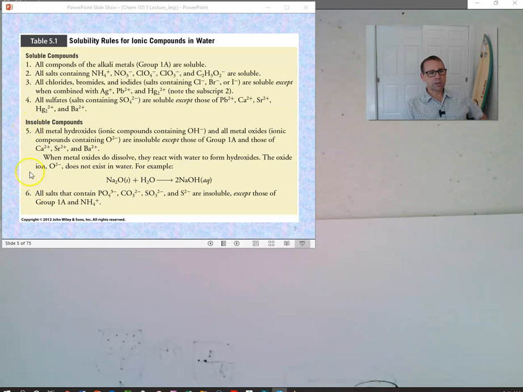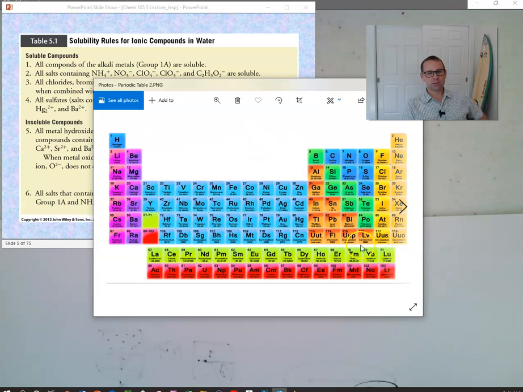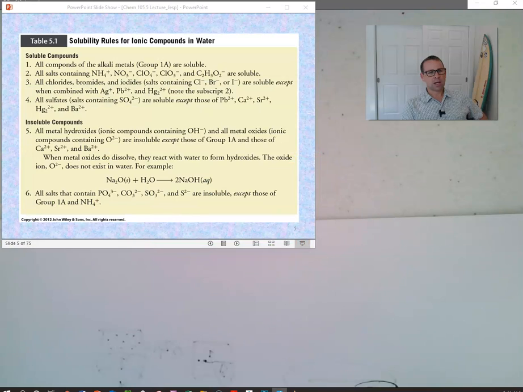And then there's 2 rules down here also that are about insoluble compounds. All metal hydroxides, so that's a compound that contains a metal, right? And we know our metals are on the left side of that staircase. And the hydroxide ion, OH minus, or the oxide, O2 minus. All metals that contain oxide and hydroxide are insoluble.